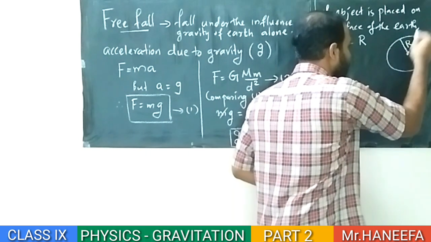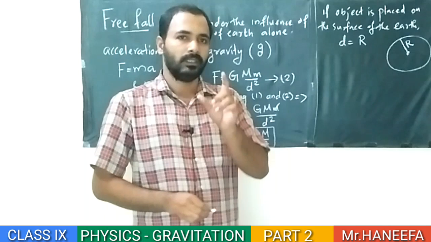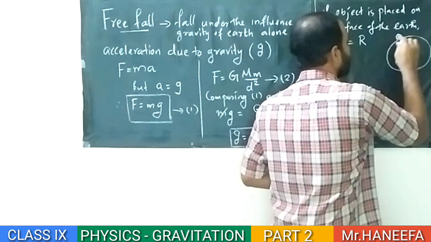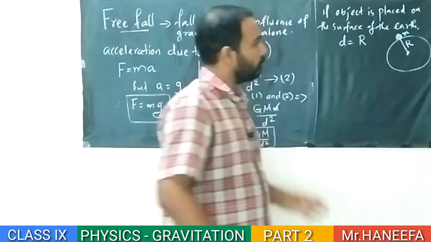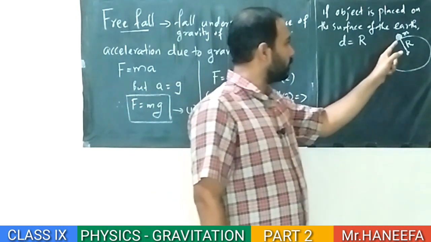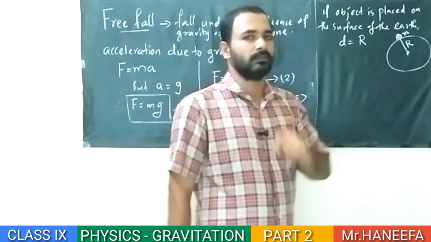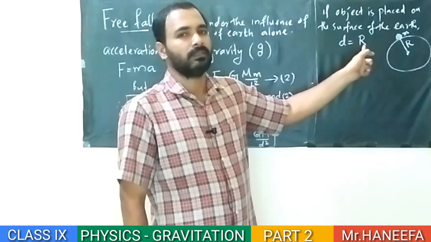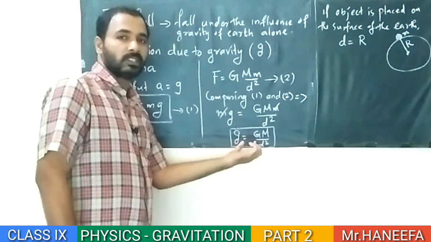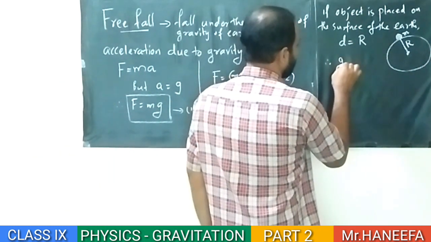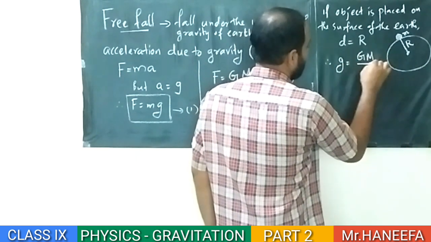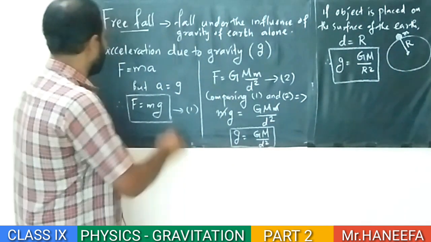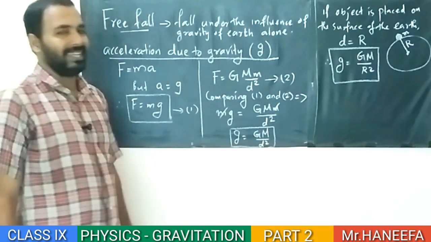This is called the radius of the earth. If the object is placed here, here is the object of mass m, placed on the surface of the earth. We can write d equal to R. So this equation changes to, therefore, g equal to GM by R square. This is the equation to find acceleration due to gravity.